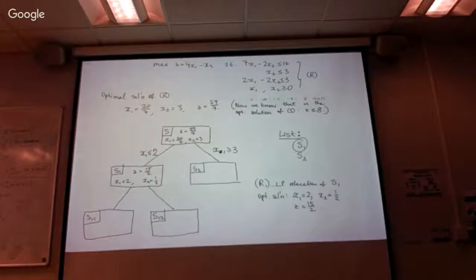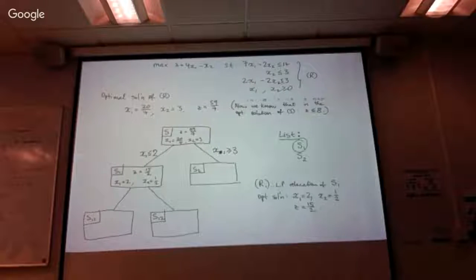Okay, what do we do? How do we branch? That's correct, but you want to use the decision variables, not the objective. Okay, you would use x2.